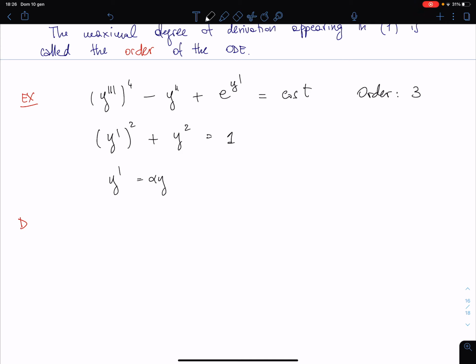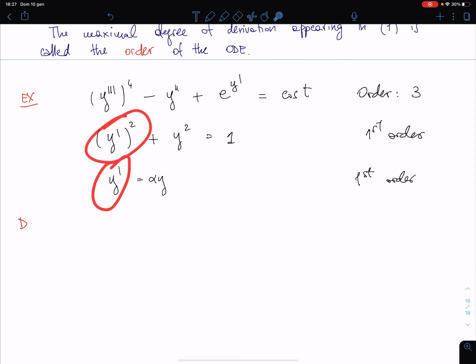This is a third order, this is of the second order, and this is of the first order. Because here the highest derivative is the third, here the highest derivative is the first. And here the first order too.